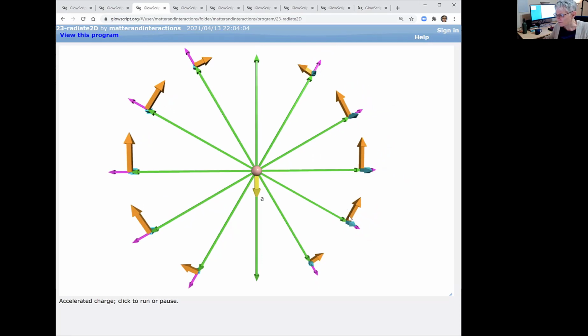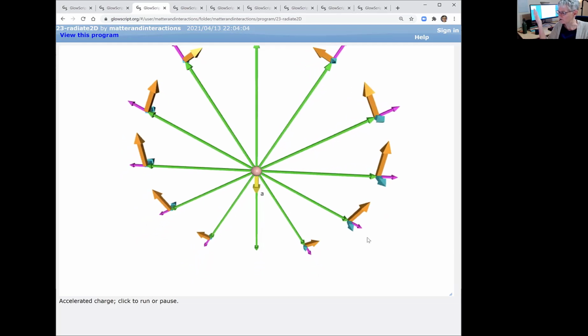Down here, the component of A perpendicular to this R is going to be along that direction. So we have E in that direction, and B in an appropriate direction to get the direction of propagation correct.